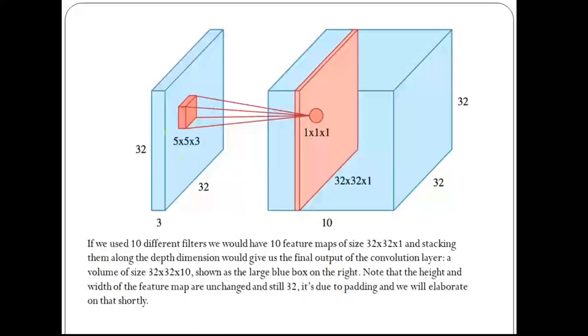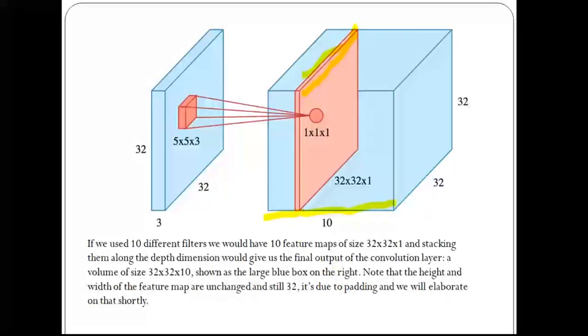Now how is this filter applied? Suppose we are using 10 filters, then there will be 10 feature maps. This is a single feature map for a particular feature. So if we are using 10 filters, we will have a stack of 10 feature maps. Clear to all of you?